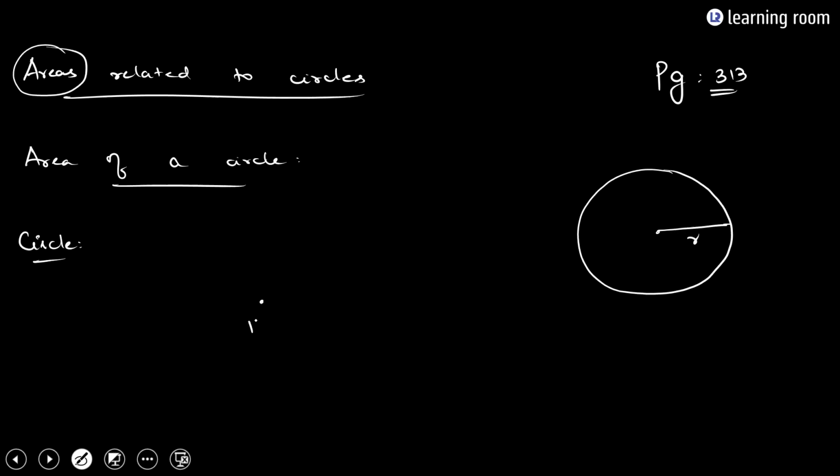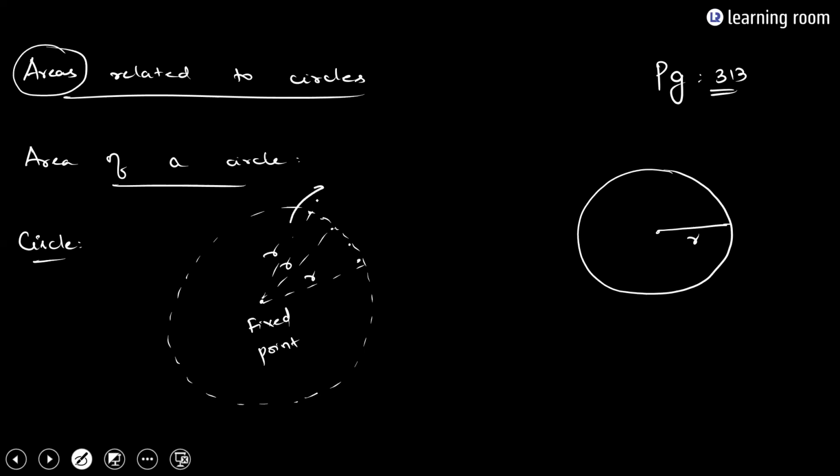So you have a fixed point. From a fixed point, let's say you take multiple points which are equidistant from that fixed point. Then when you join all those points, you get a shape, and that shape is called a circle.